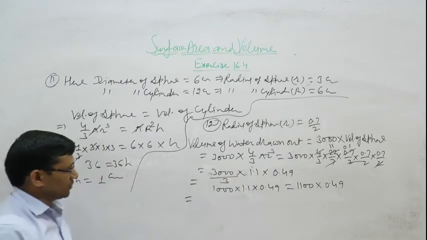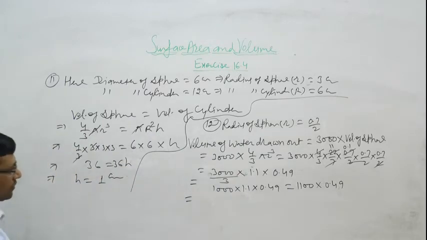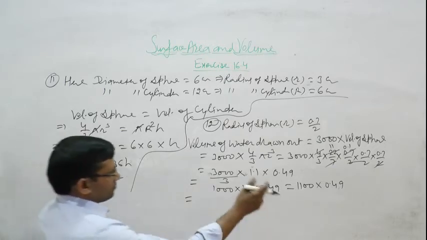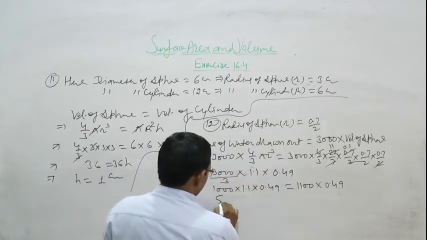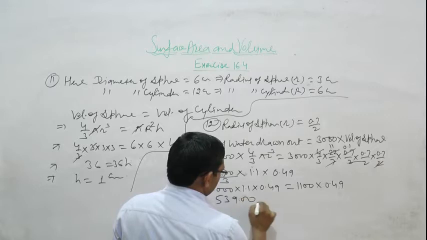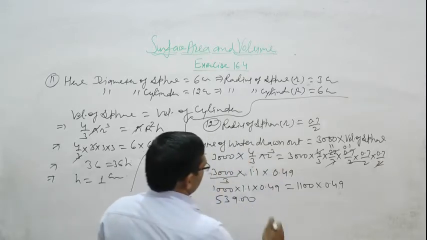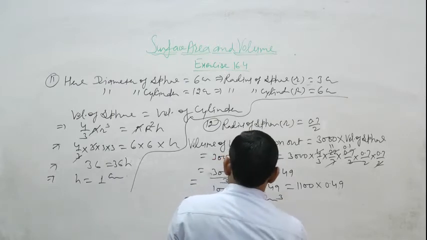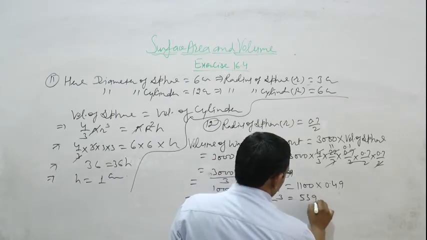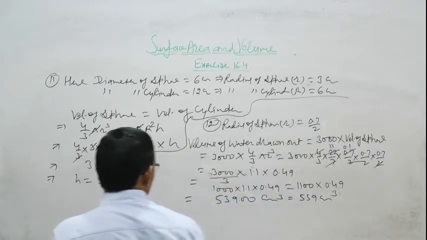1.1 multiplied by 1000 means 1100, and after one digit we put the decimal. After multiplication we get 539 centimeter cube.